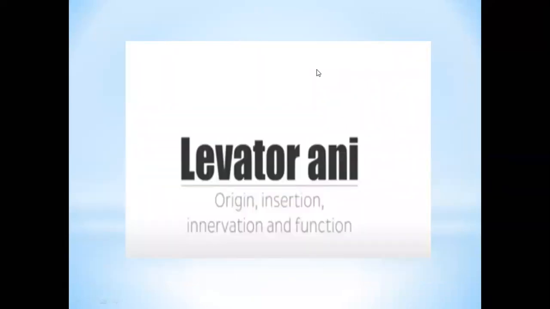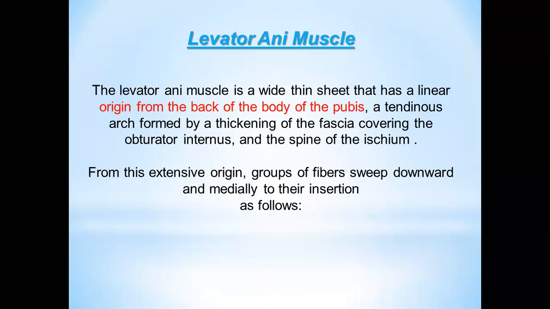Okay, so now we have the levator ani muscle. I'm going to discuss the origin, the insertion, the nerve supply, and the function of the levator ani muscle. So the levator ani muscle is a thin sheet that has a linear origin from the back of the body of the pubis bone.